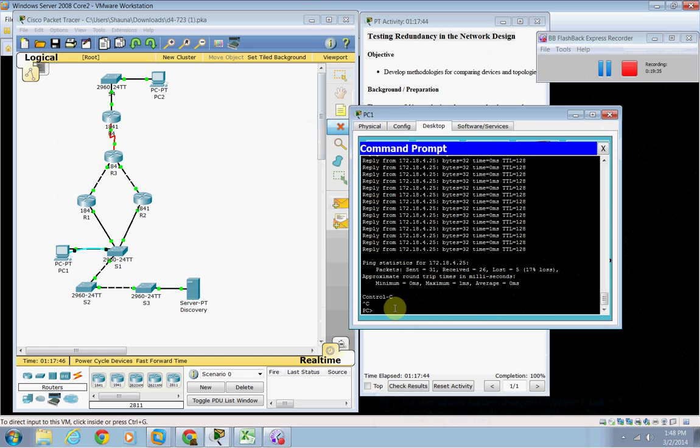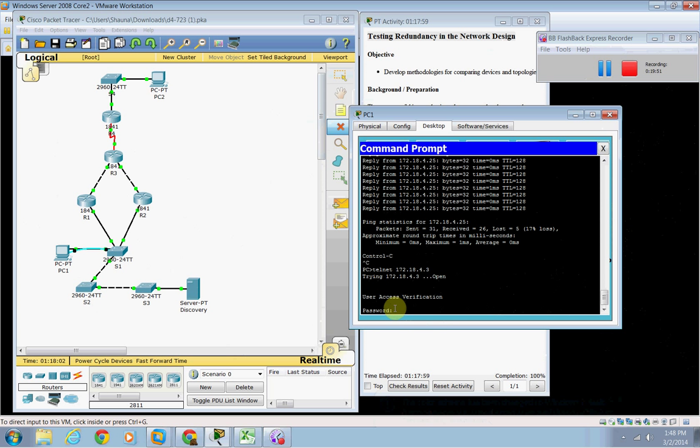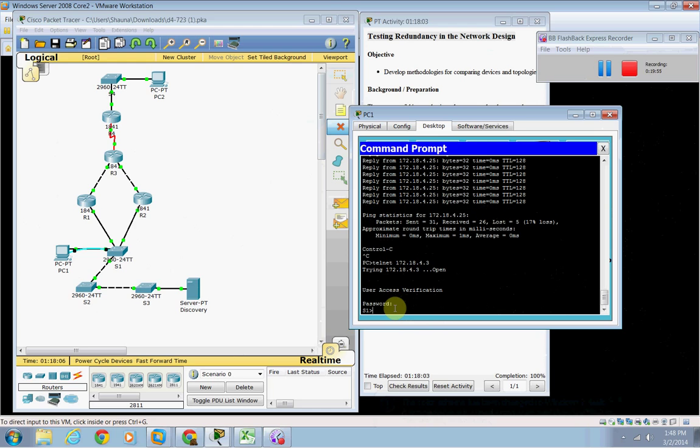We're going to telnet into switch 1, which is 172.18.4.3. Cisco class.